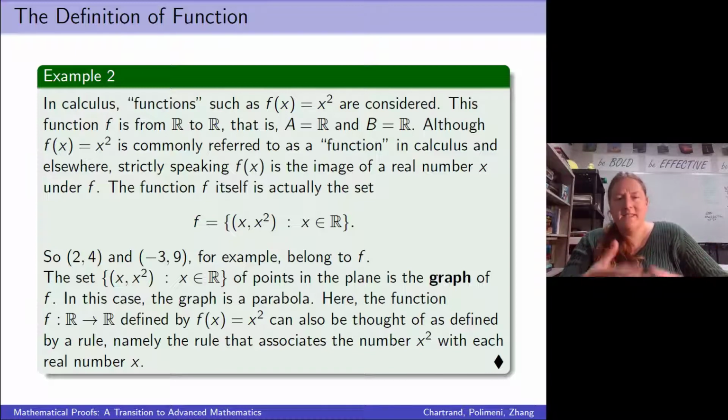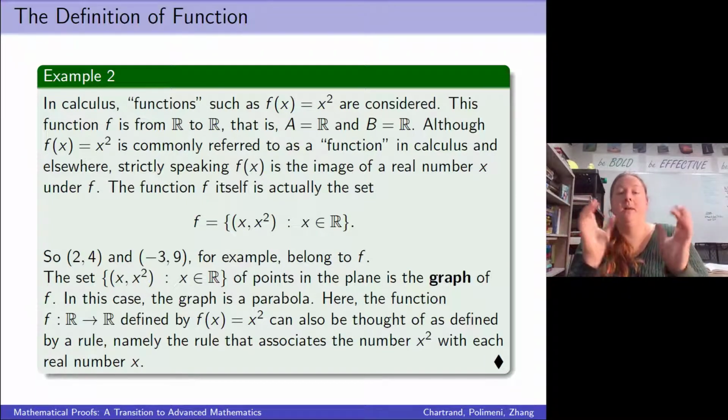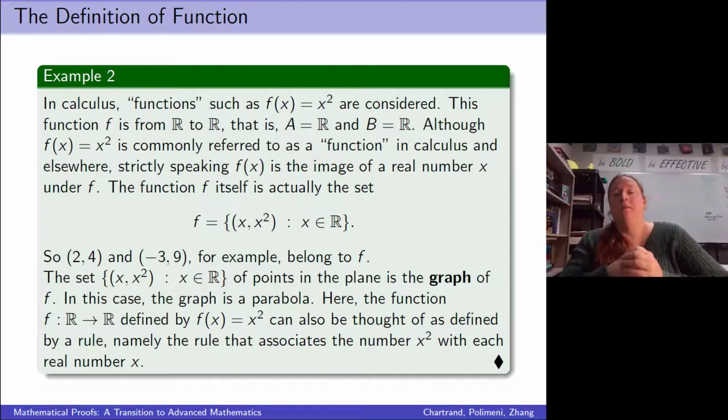And we say that f of x is a function, but really what it is, is the image of a real number under a function. F itself is the function, and f is actually the set of ordered pairs x, x squared, with the element and its mapping paired together for all x in the real numbers.